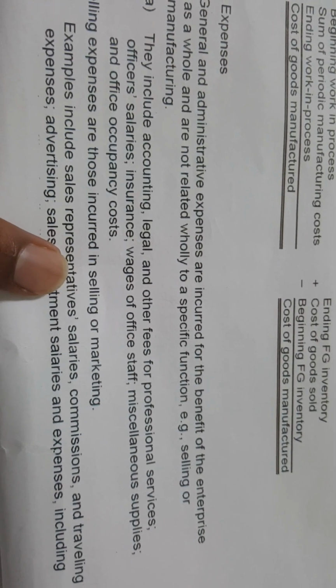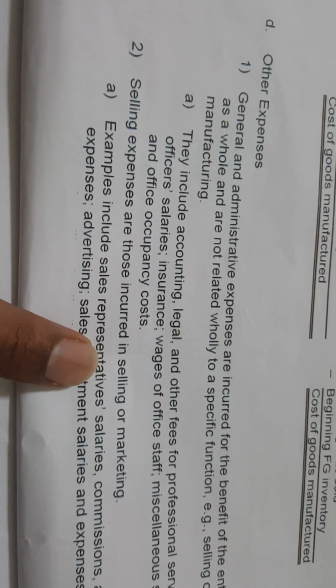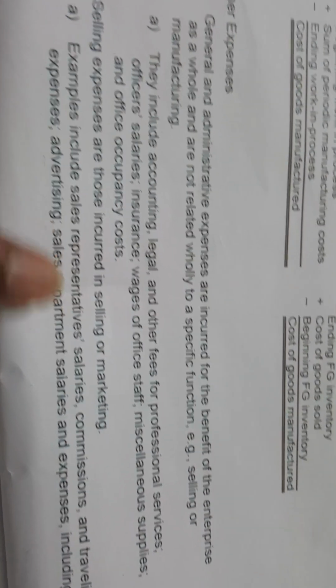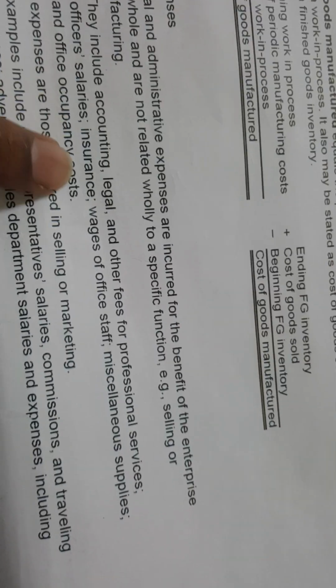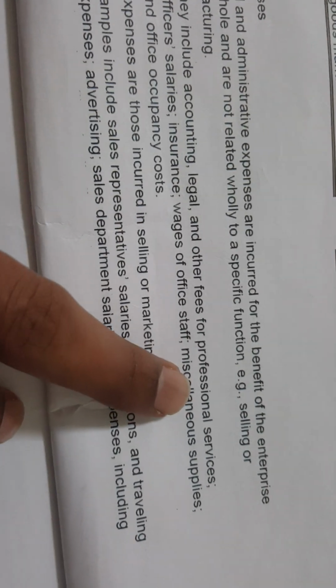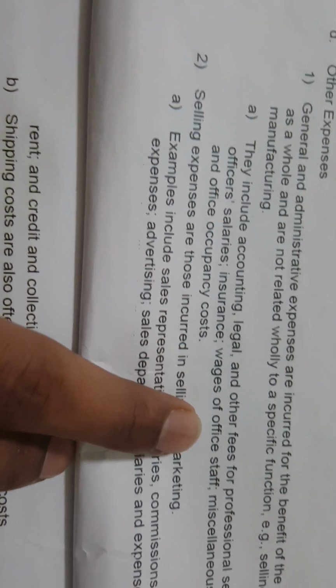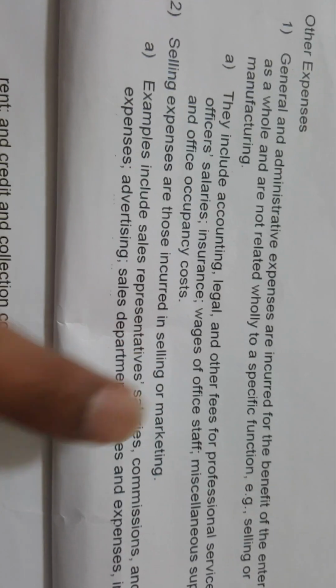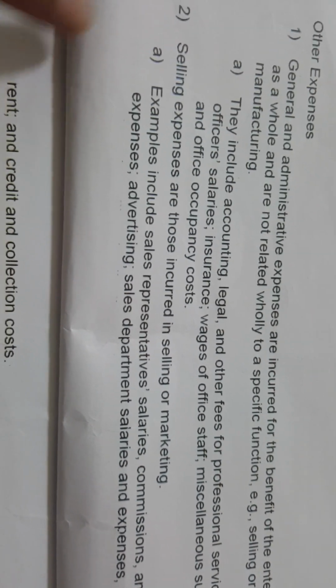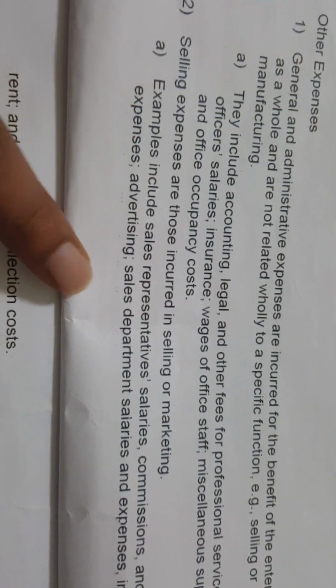They are like legal, accounting, other fees, professional services, office salaries, insurance. These come under the income statement, but not under the cost of goods sold, manufacturing and selling related expenses.